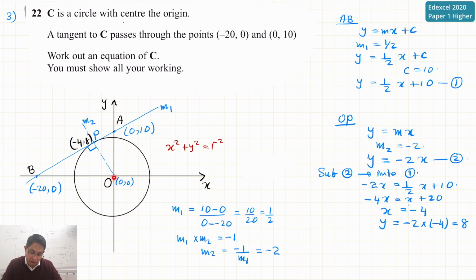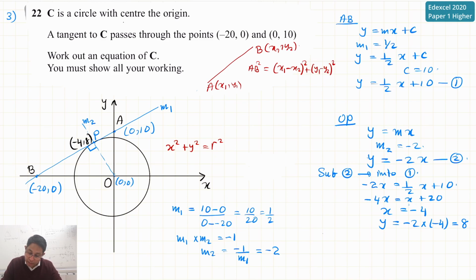Now, we can find the OP length as we know the coordinates at point O and point P. If I remind you this, when you have line segment AB, if you know the coordinates at point A and point B, you can write AB squared equal to the difference of x coordinates squared plus the difference of y coordinates squared.